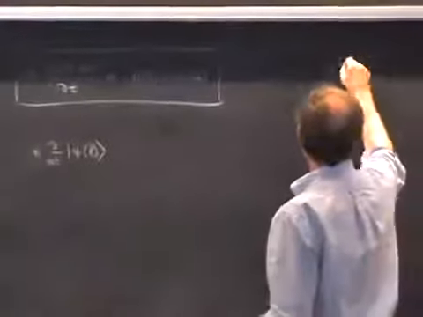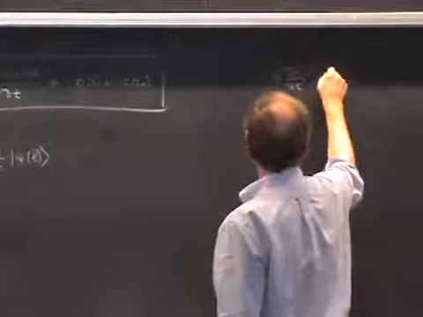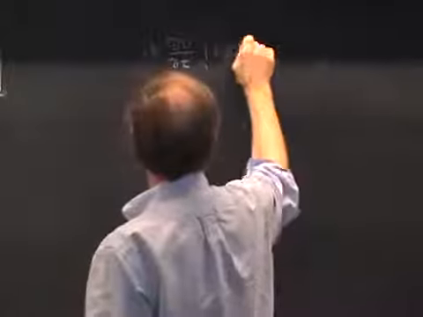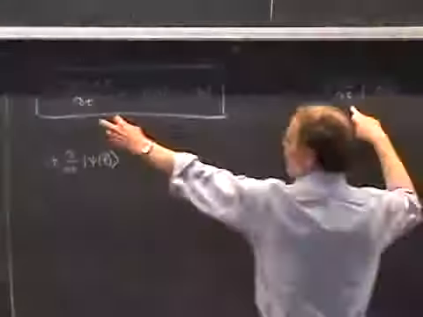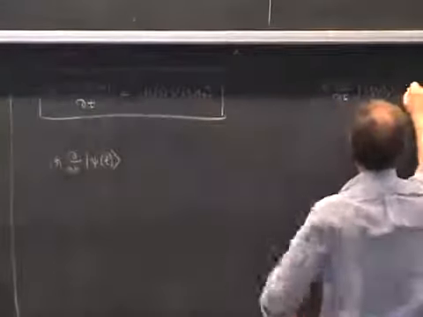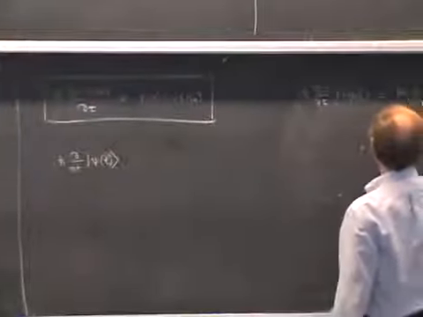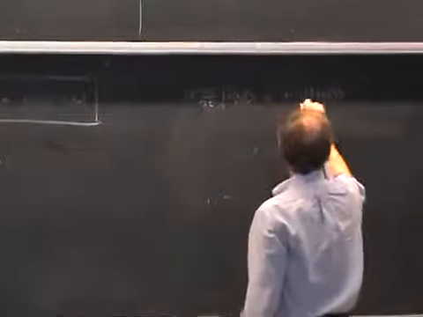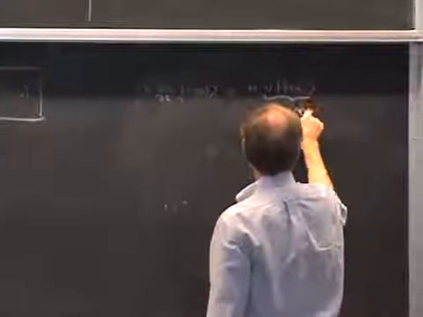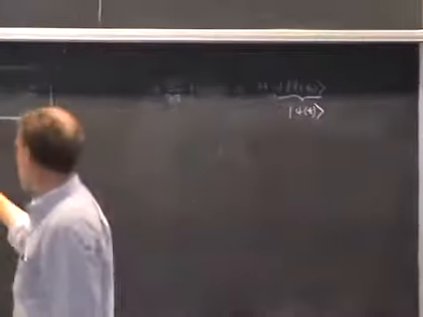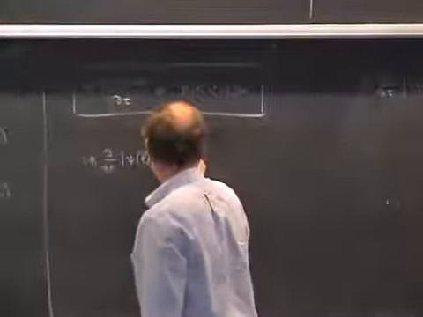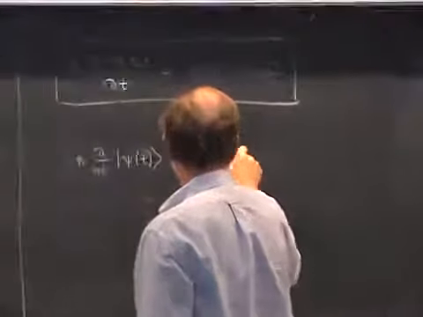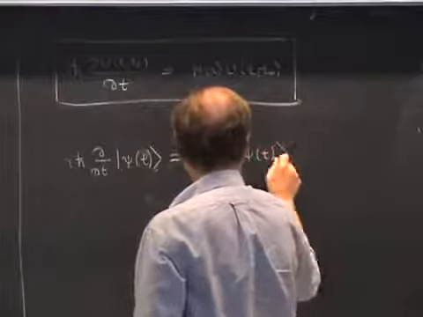So if I do that, what I'm going to get is i h bar partial of U with respect to t times psi of the initial time t0 for the right-hand side here. However, since i h bar dU/dt is H times U, this becomes H times U times psi of t0. However, U times psi of t0 is the same as psi of t. So putting this all together, we get i h bar d psi/dt is equal to the Hamiltonian, which generally depends on time, multiplying psi of t.